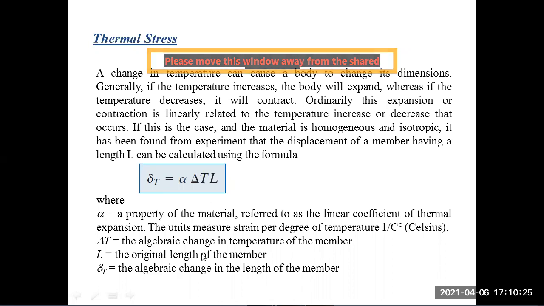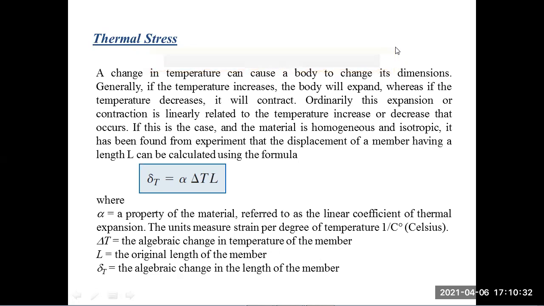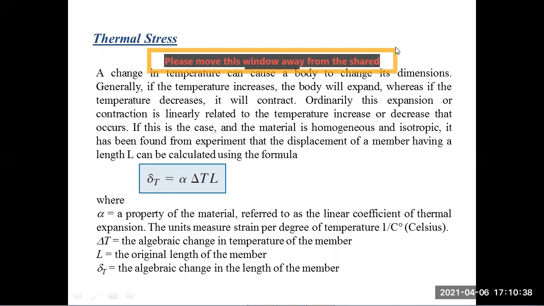So we need to have an understanding of how we can calculate the elongation or the expansion induced due to change in temperature.